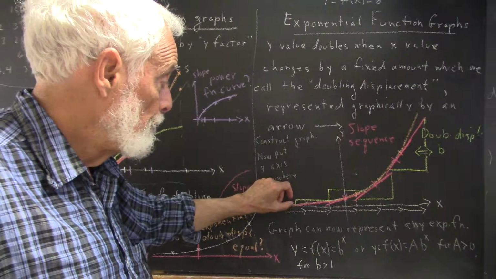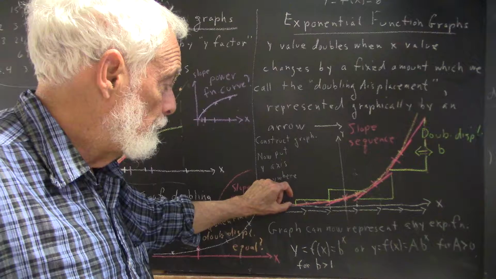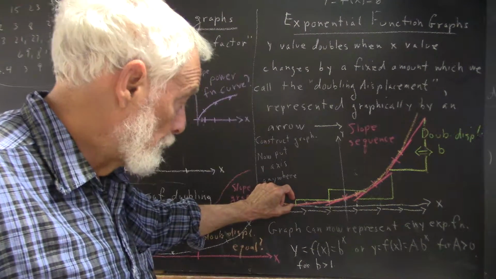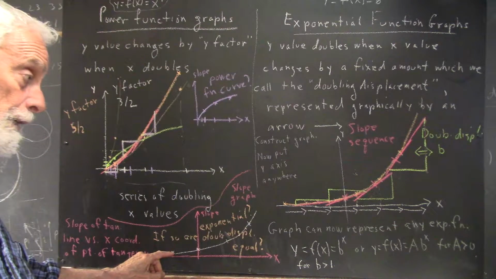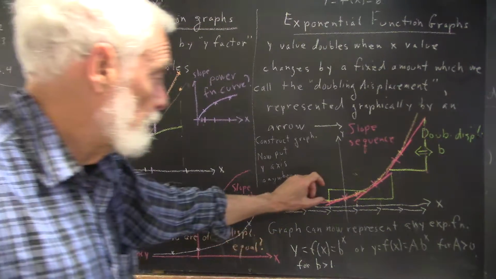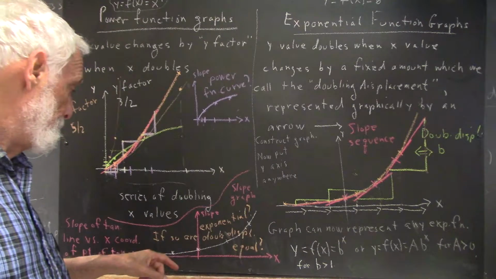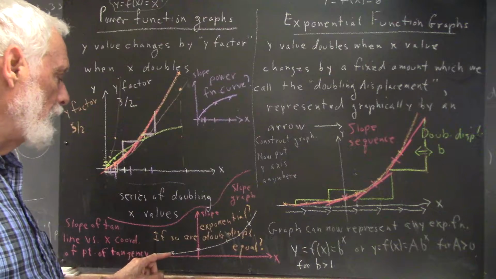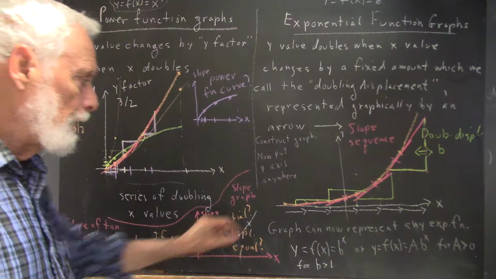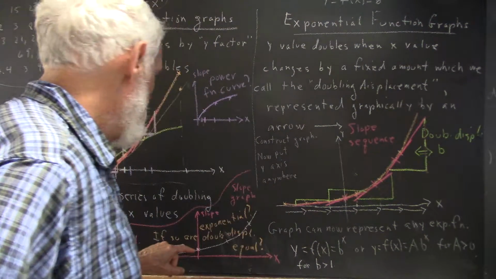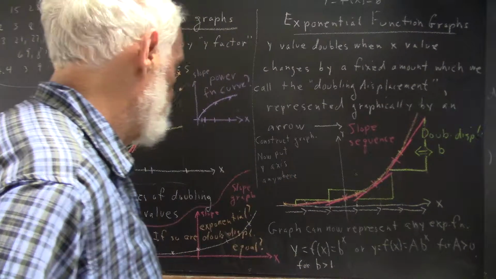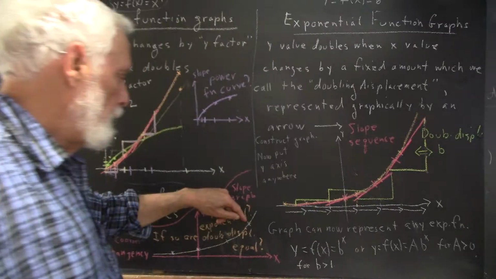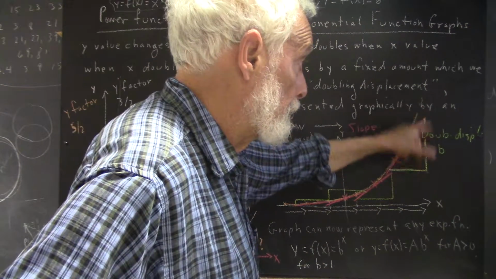The run is the same, so if we simply represent the length of the rise here by a point, the y-coordinate of this point stands for the rise of this graph. The y-coordinate of this point stands for the rise of this graph, and the y-coordinate here is the rise of this graph.